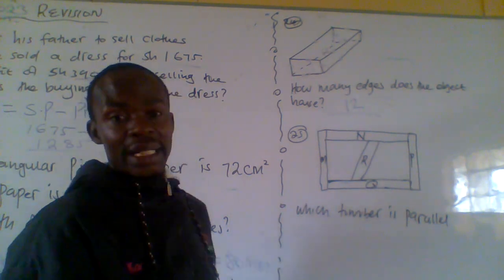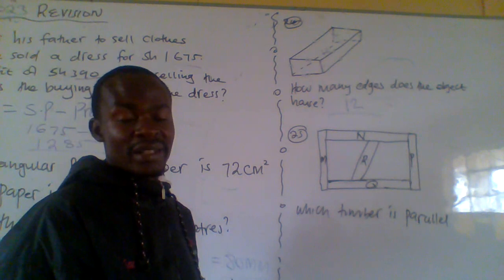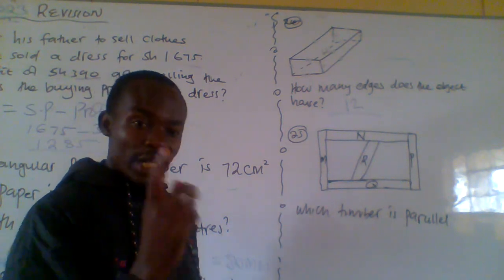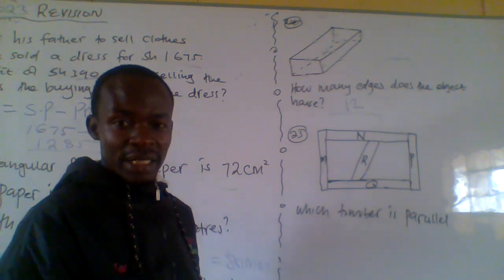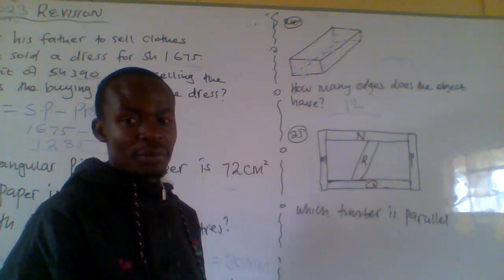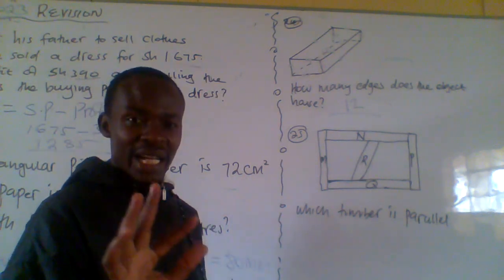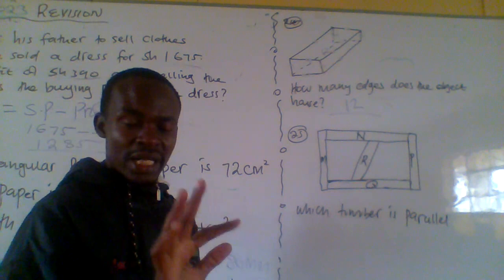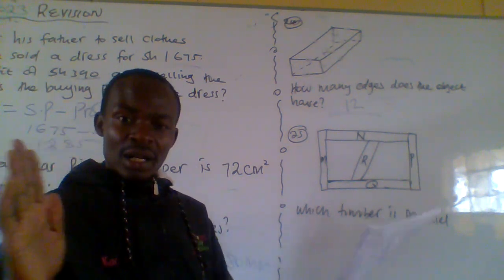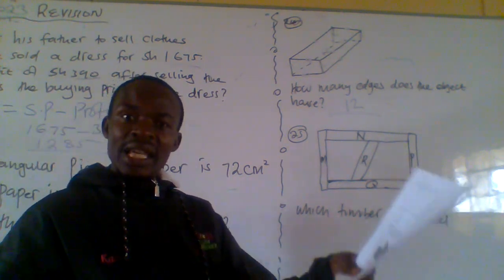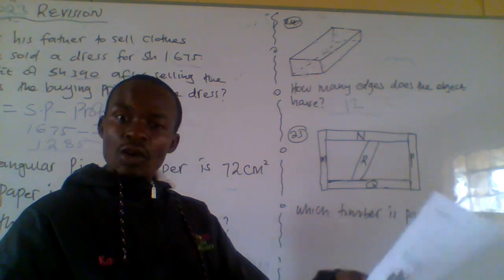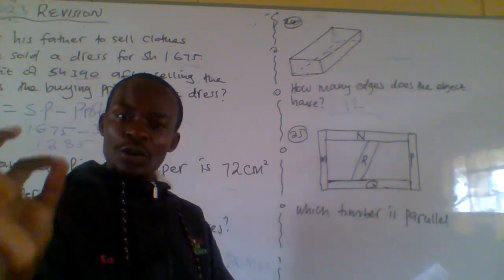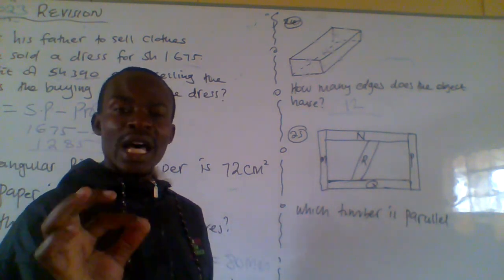You know, parallel lines are 2 lines that will never meet. When you tell your friend that you and I are parallel, it means you will never meet at any point. Any lines that are opposite one another, taking a straight line, are parallel lines.